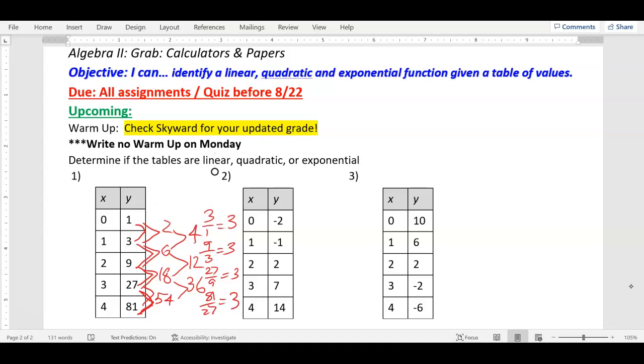They are, okay? So first difference, not the same. Second difference, not the same. But the common ratio is the same, so we call this type of function an exponential function because it had an equal common ratio.